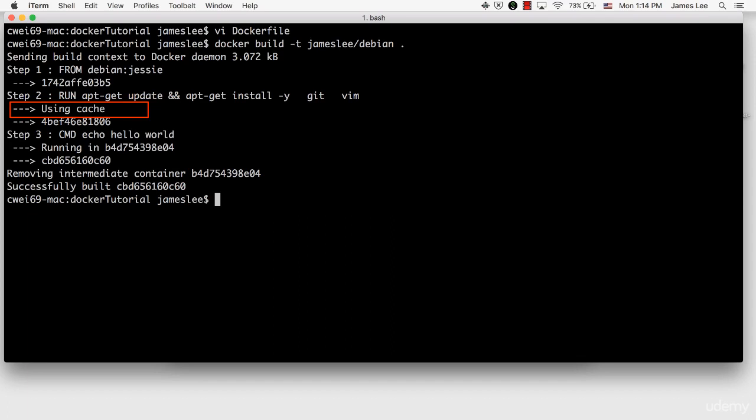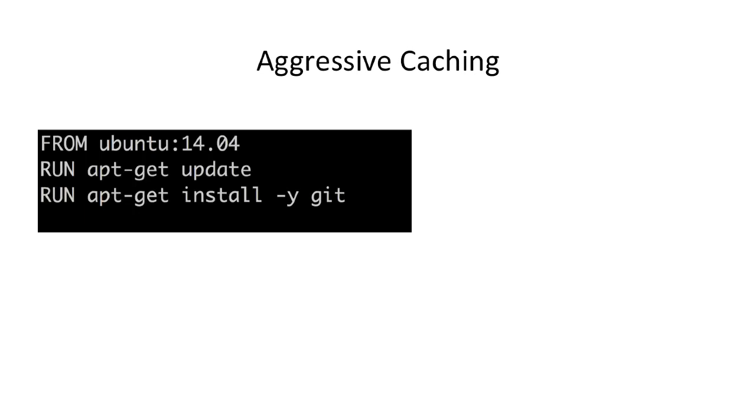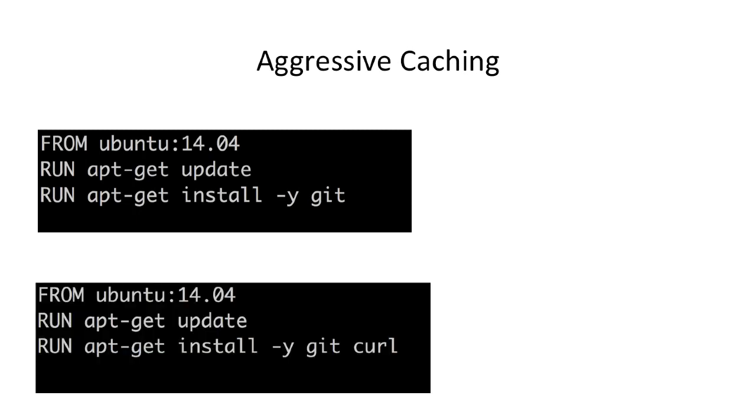However, if the Docker cache is used too aggressively, it may cause issues. For example, say you have a Dockerfile like this. After building the image, all layers are in the Docker cache. Suppose you later modify apt-get install by adding an extra package, curl. Docker sees the first and second instructions are not changed and reuses the cache from previous steps.